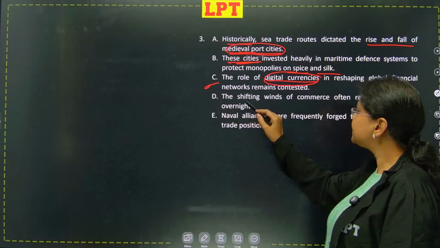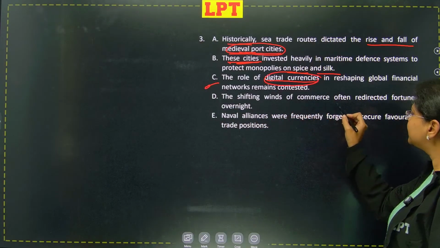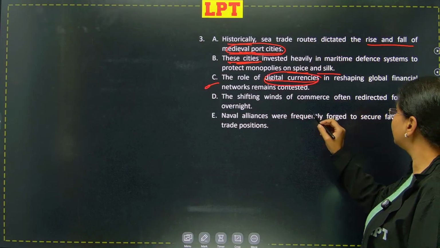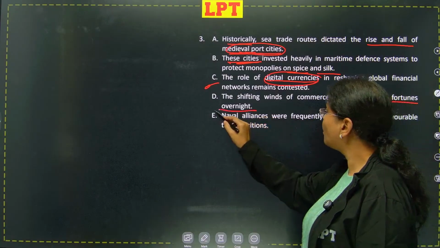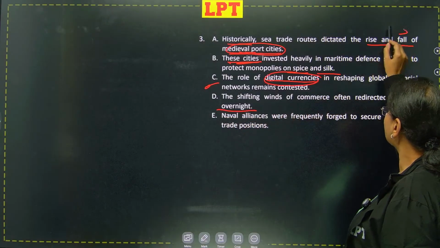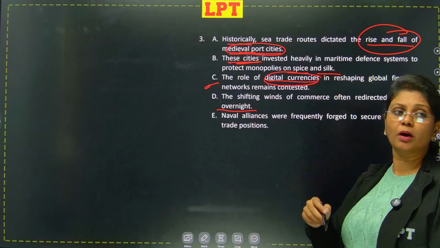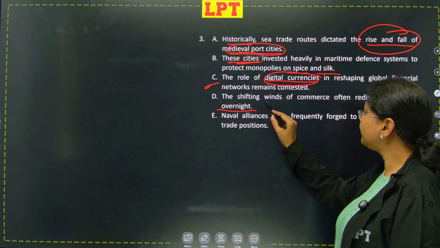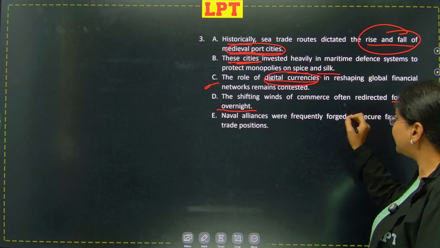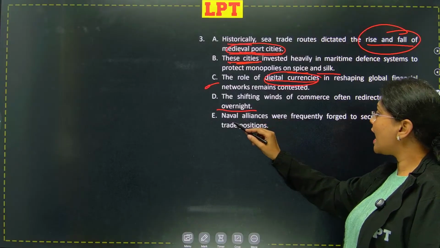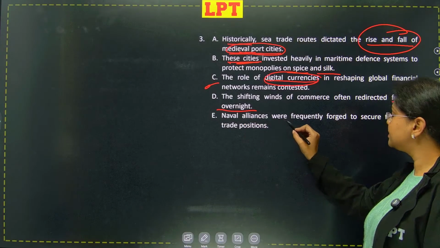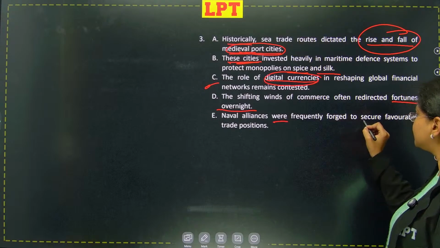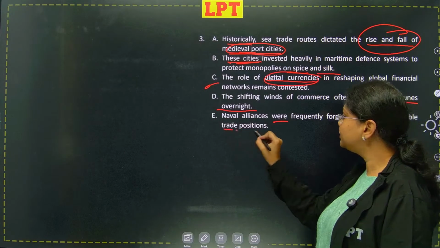Then D says the shifting winds of commerce often redirected fortunes overnight. So we talked about the rise and fall of medieval port cities, and the shifting winds of commerce often redirecting fortunes overnight. And E says naval alliances were frequently forged to secure stable trade positions.